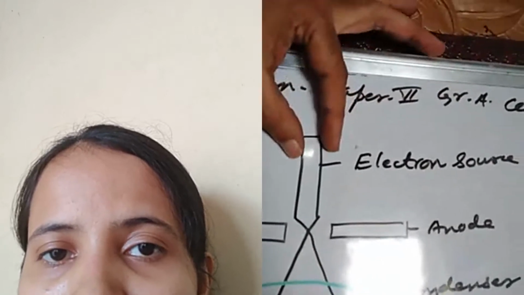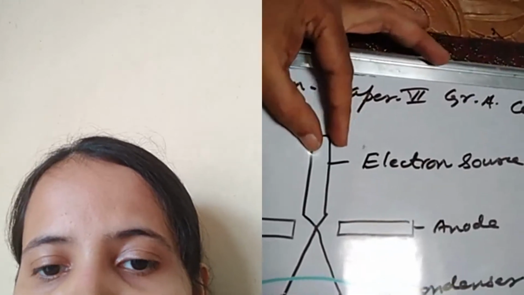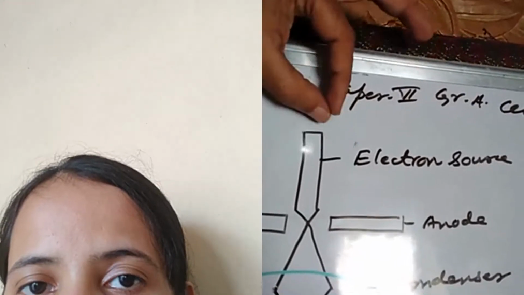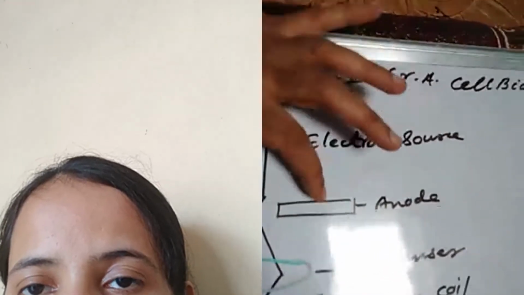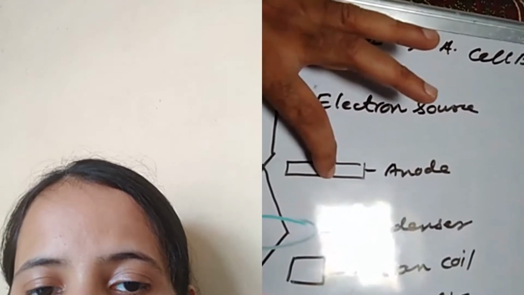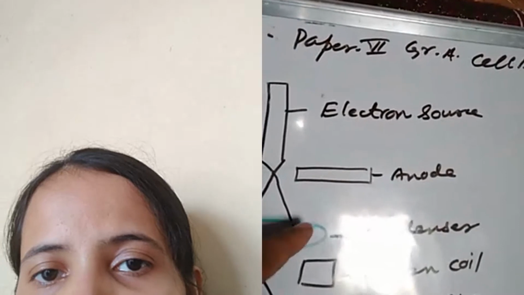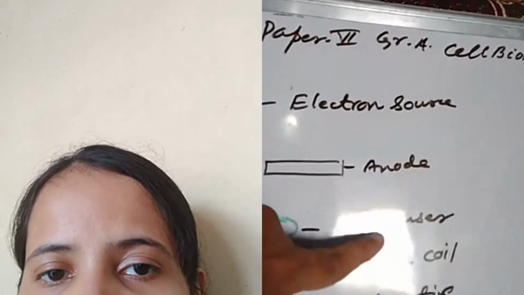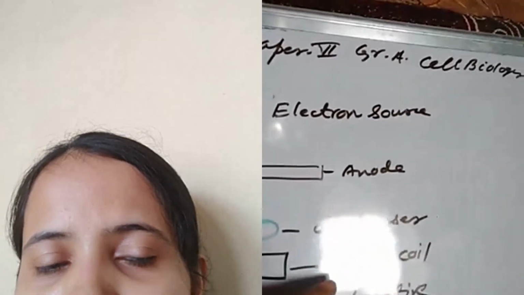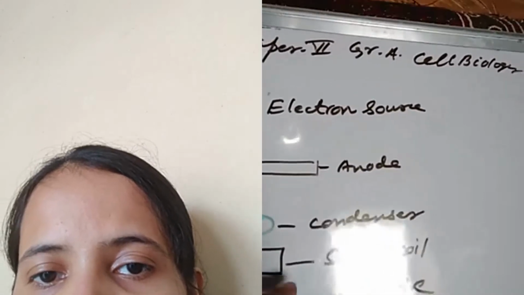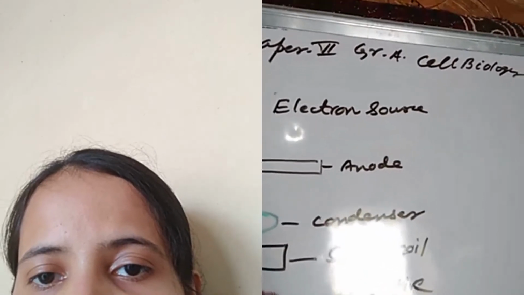This structure shows the source of electron, that is, the part from where the electron source is provided. These two structures show the anodes used in the scanning electron microscope. This is the structure which represents the condenser, and just beside the condenser, the scan coil is also fitted. And this is the objective.